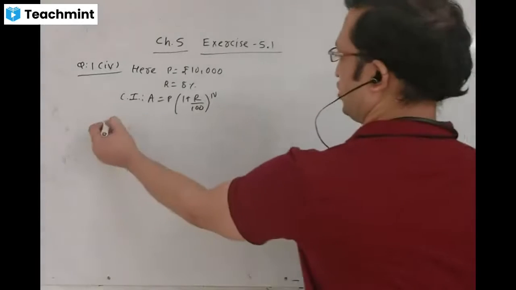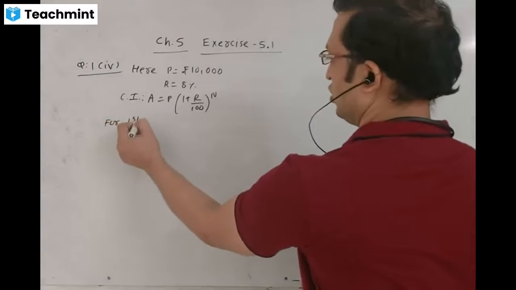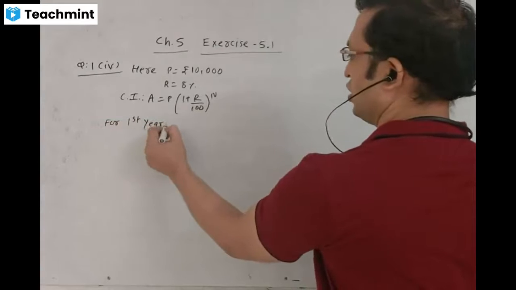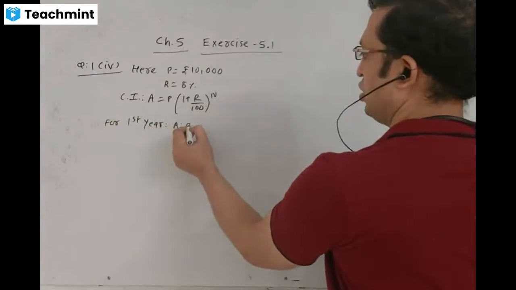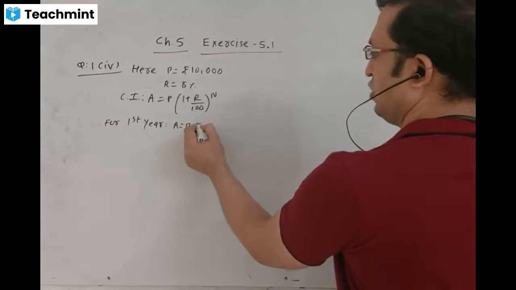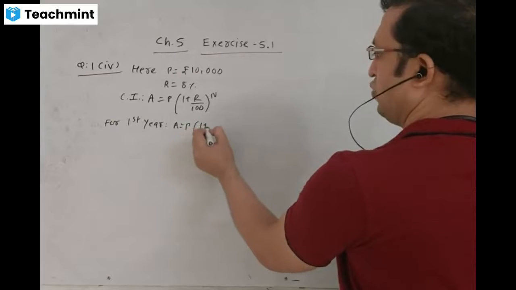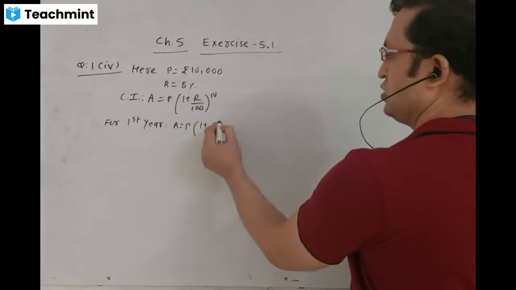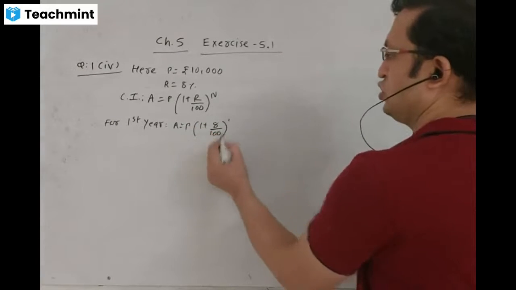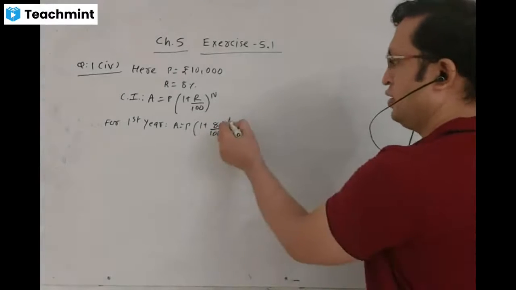For the first year, the amount A is equal to P into (1 plus 8 by 100) raised to power 1, with P equal to 10,000, that is 10,000 into (1 plus 0.08), so the value is 10,000 multiplied by 1.08.